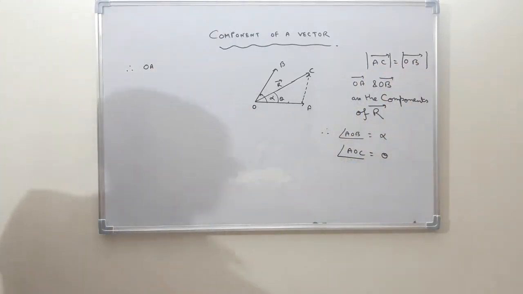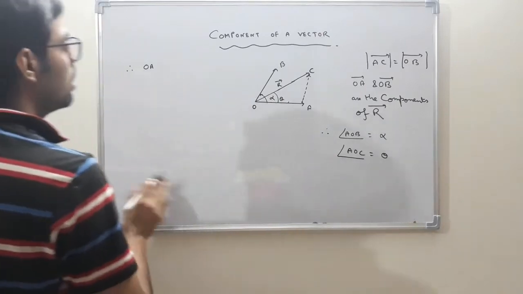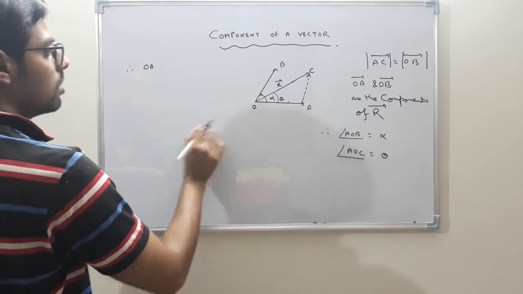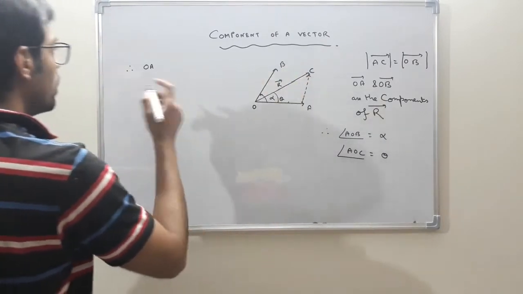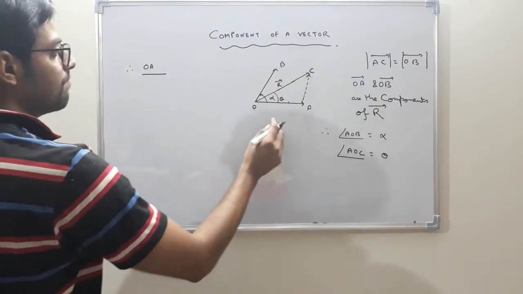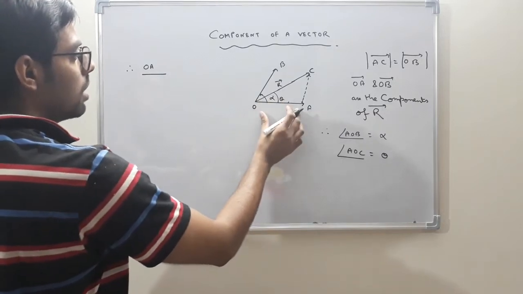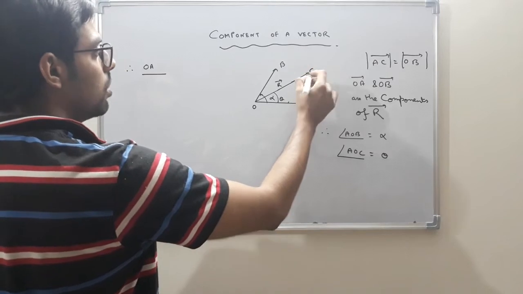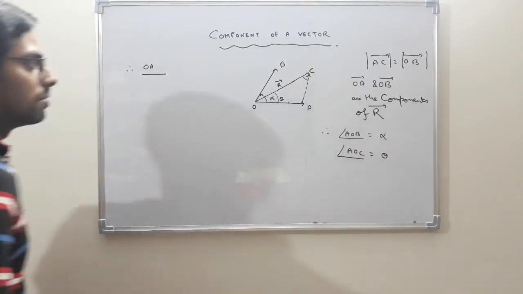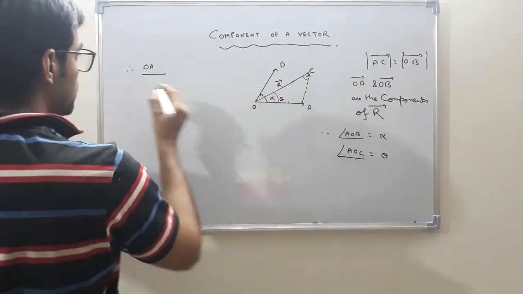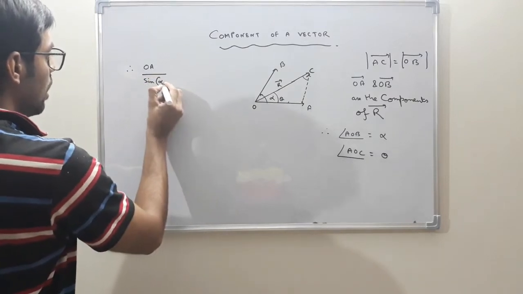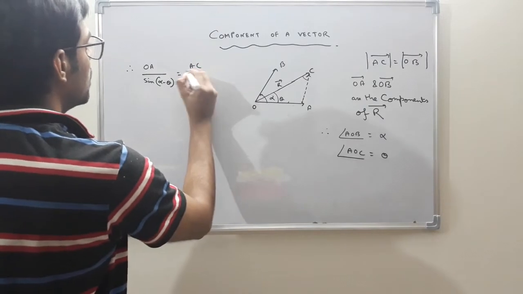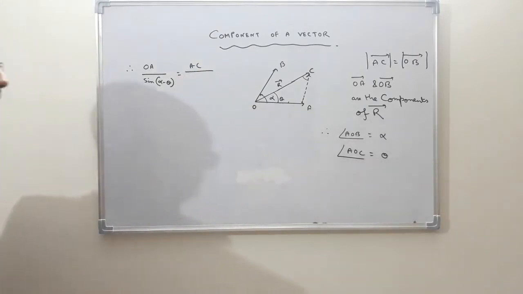Therefore, we are taking the magnitude part only. In this triangle, OA by sine of the angle subtended by the other two sides. What will be this angle? This angle will be alpha minus theta. So OA by sine of alpha minus theta is equal to AC by sine of the angle subtended by the other two sides.